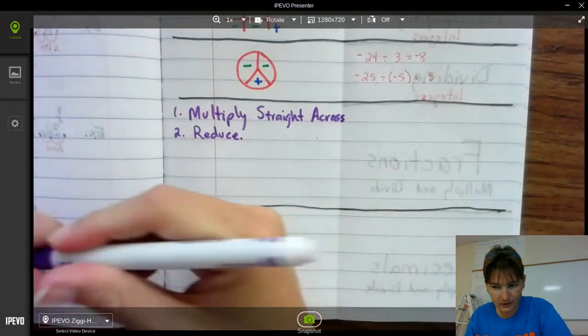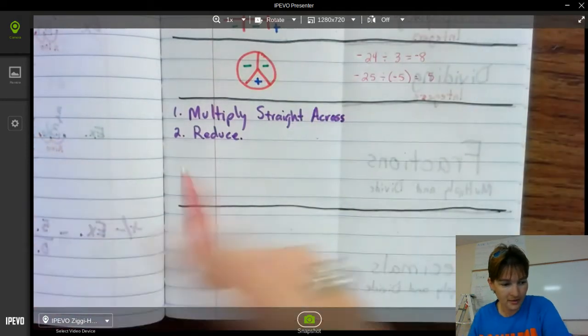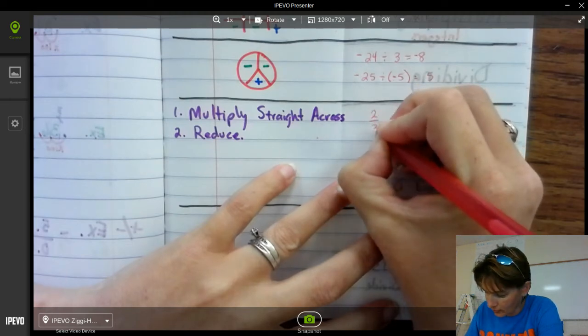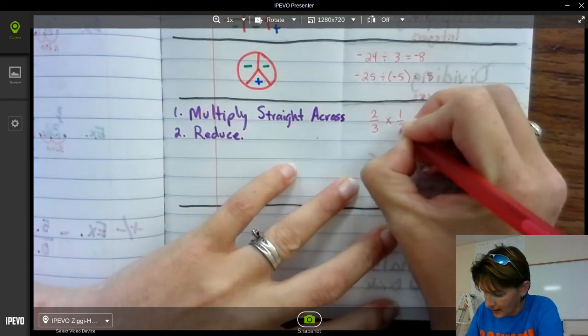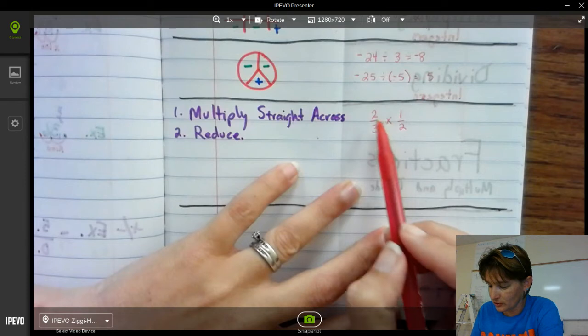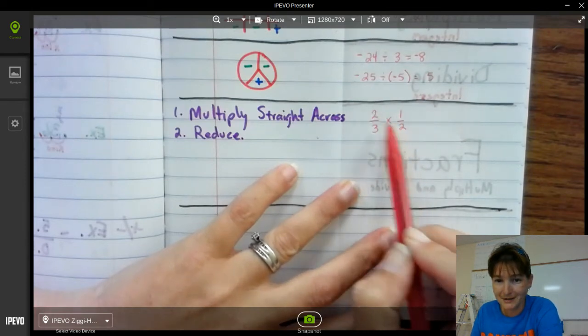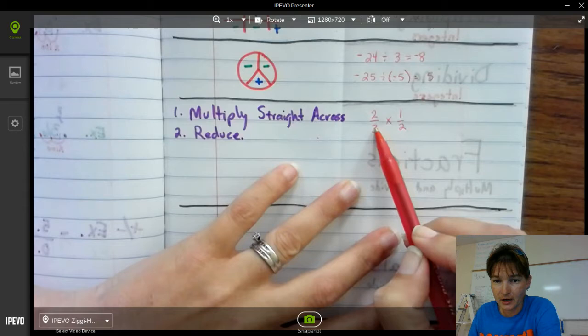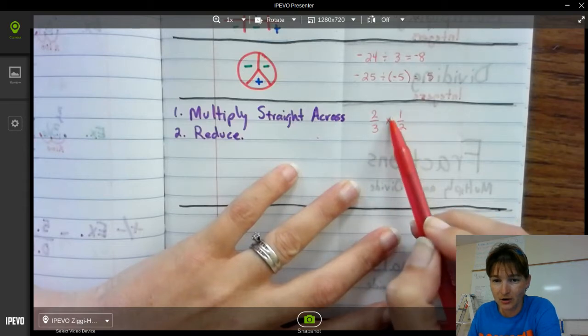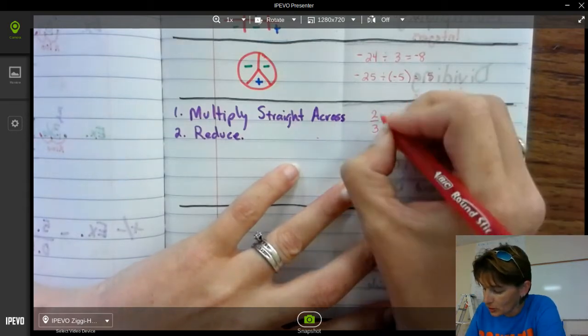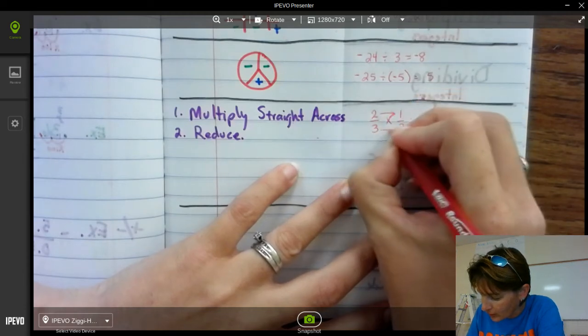All right, so let's go ahead and do an example. If I have 2/3 times 1/2, this is where I say you can reduce diagonally. 2 and 2 can both be reduced by 2. If I had the 2 here on bottom and the 2 here on top, I could also do it this direction, but it's diagonally. I'm going to show just multiplying straight across first.